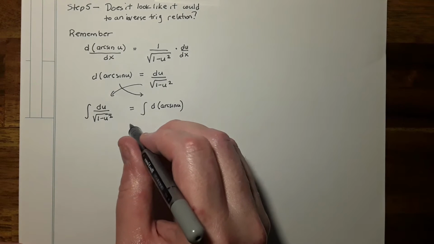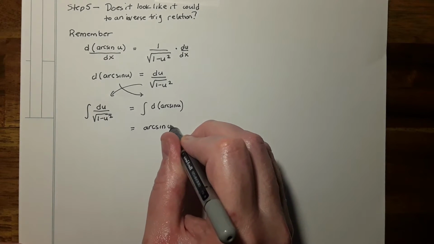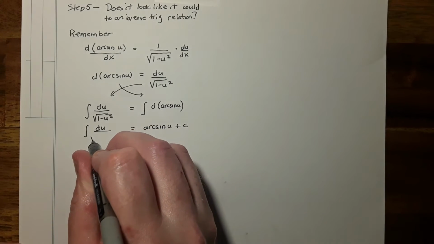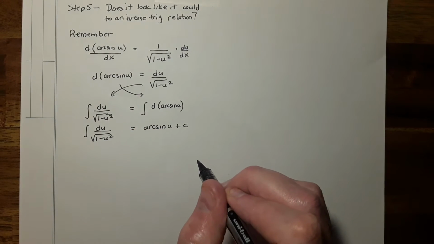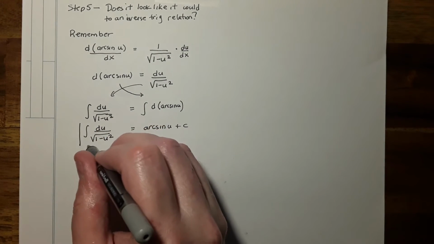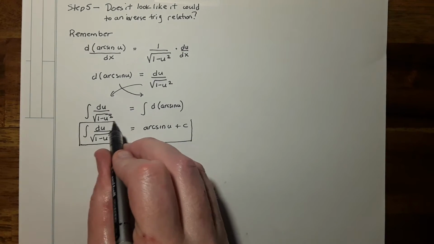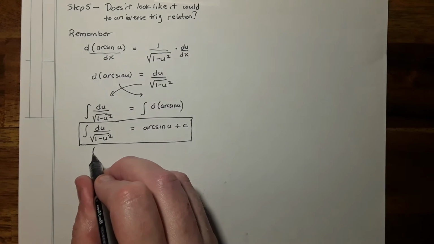Those inverses cancel each other out, and so we would end up with the result arcsine u plus c. So we end up with this form, integral du over square root 1 minus u squared, is arcsine u plus c. The problem with this form is that it is extremely specific.